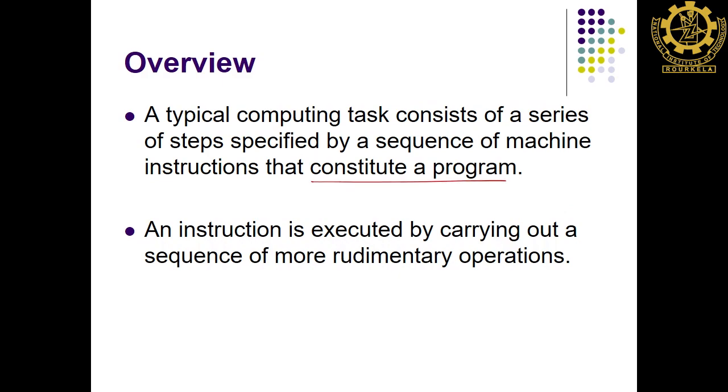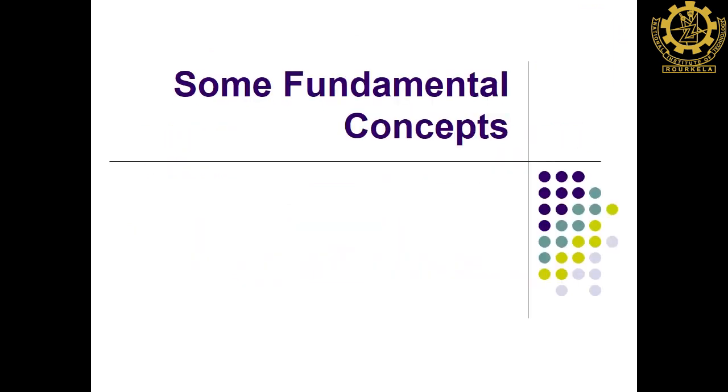Importantly, an instruction is executed by carrying out a sequence of more basic steps, and we will talk about what the basic steps are. To understand that, we will go through the details within a processor: what the registers are, the main registers we already learned earlier, but how the data is transferred from one register to another, which is what we will study in today's class.